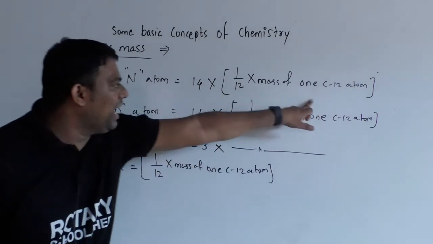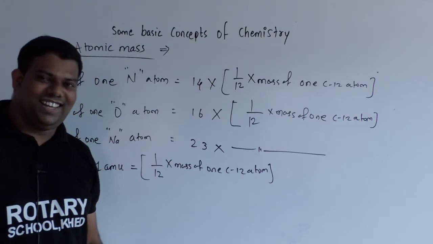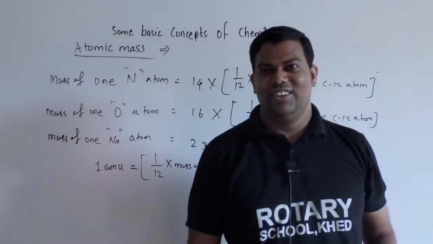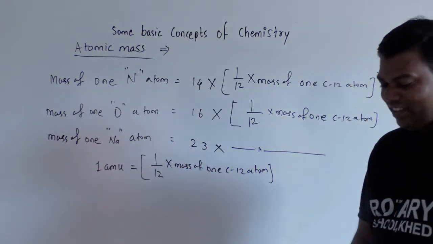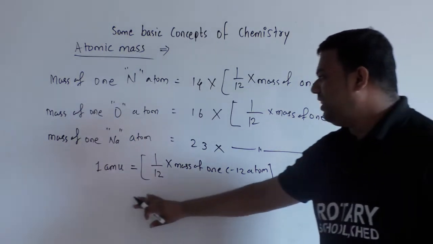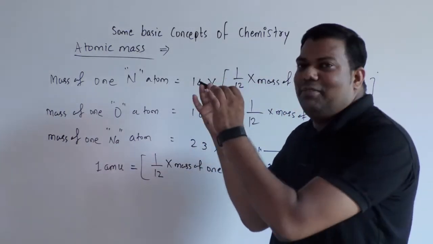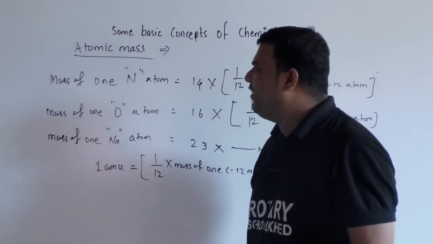So this is what we called 1 AMU. So whenever it is time to write, you now understand that 1 AMU means 1/12 into the mass of a C12 atom. That means we created a shortcut for it.